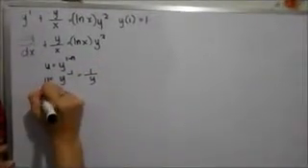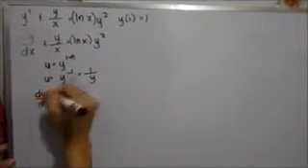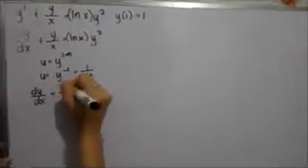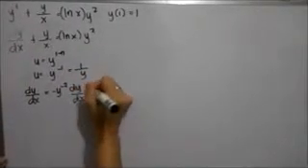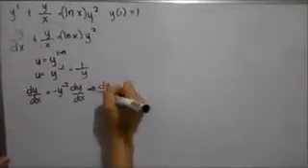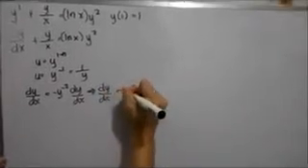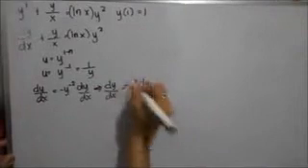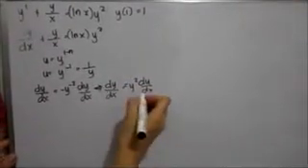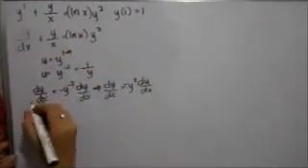So deriving u, du over dx is equal to negative y to the negative 2 dy over dx. And transposing it, dy over dx is equal to negative y squared du over dx. So we need to substitute this to this equation.